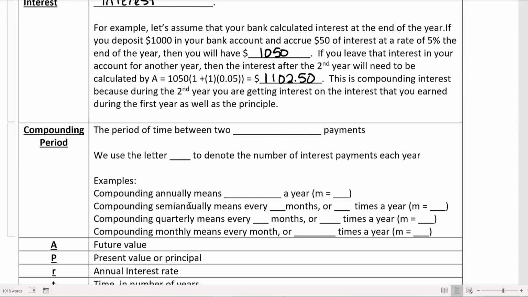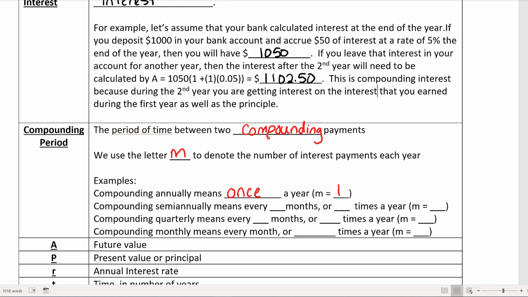So a compounding period is a period between two compounding payments. We use the letter M to denote the number of interest payments each year. So here's some examples. Compounding annually means once a year. M is 1.